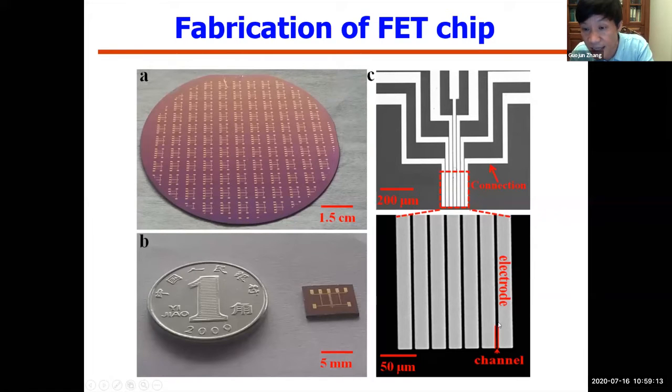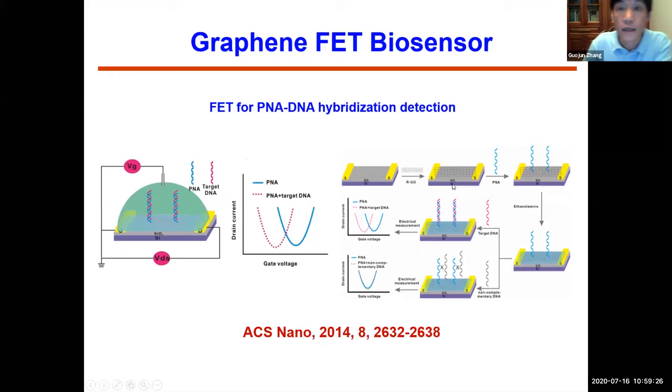The sensing area is between the two electrodes, and its width is 4 micrometers. Before biosensing, graphene is drop-casted in between the source and the drain.